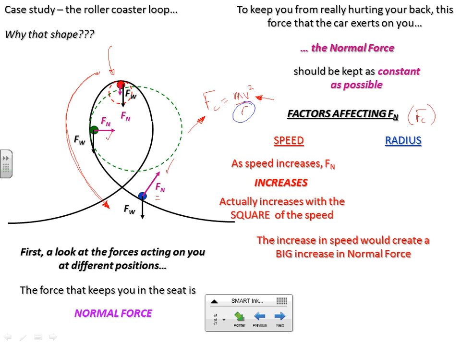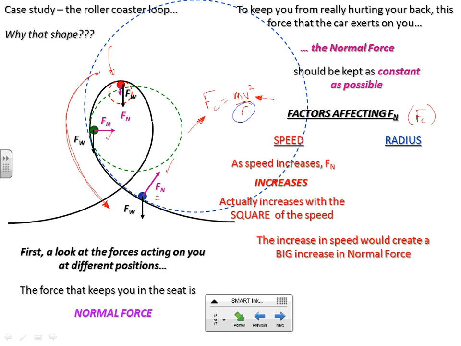So if we look at these spots here, the top section of that track might be part of a circle that has a radius like that. The center part of the track might be part of a larger circle that has a radius like that. The bottom part of the track might be part of a larger circle that has a radius like that.